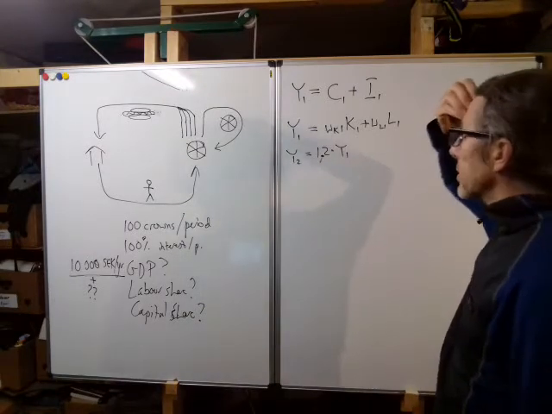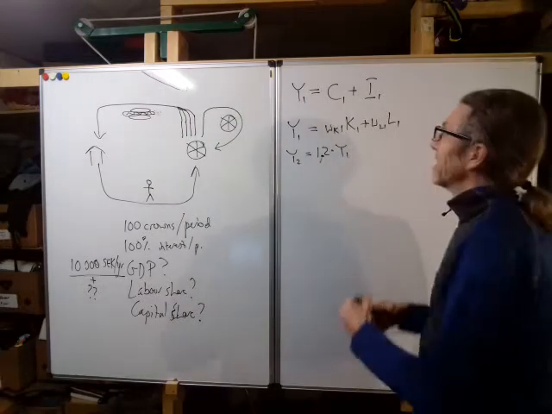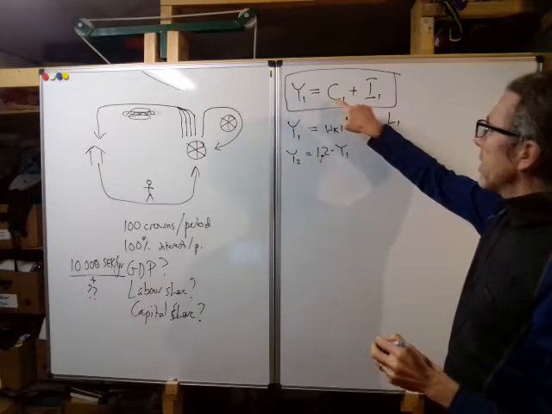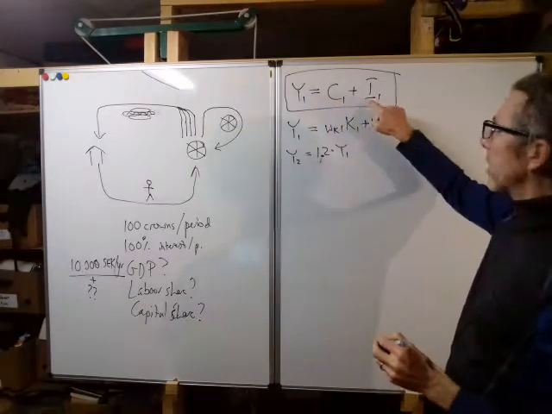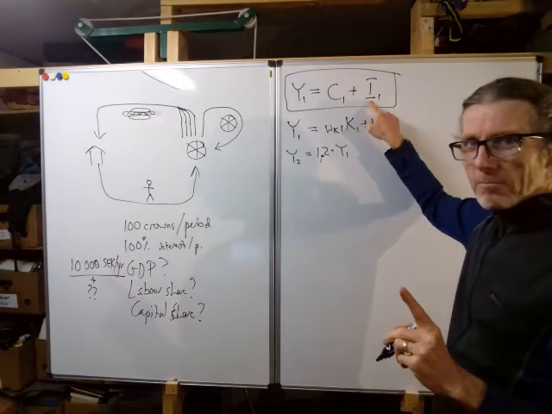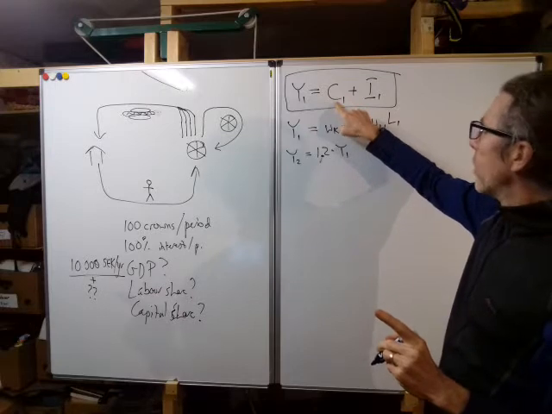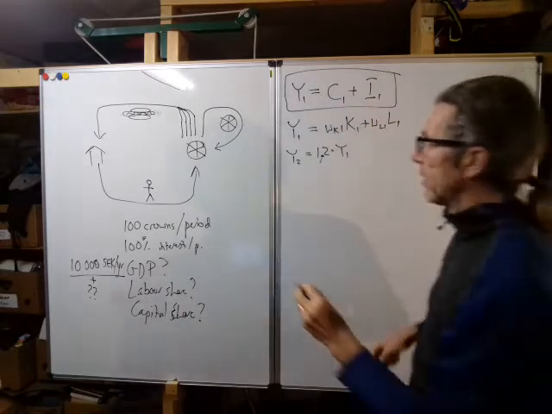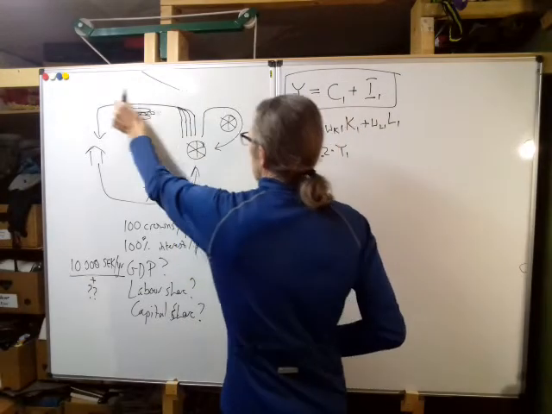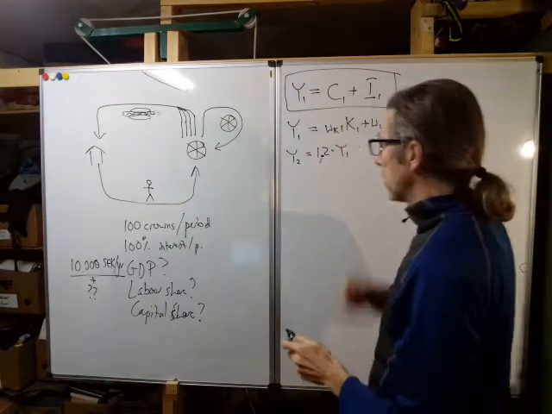So where does this get us? What is the relationship between C and I? Think about that. Pause the video. So C is 80% of Y and I is 20%. 80% of productive effort goes into consumption goods, 20% goes into investment goods.